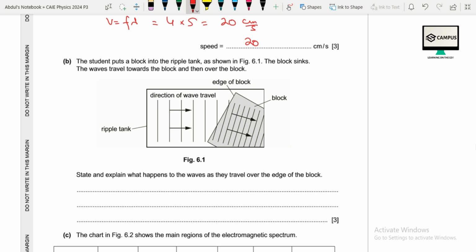One thing we see right off is that the spacing between those parallel lines, which are the wavefronts, decreases in size. So that's an indicator that the wavelength, or lambda, has decreased.